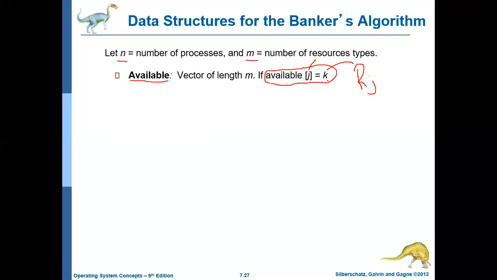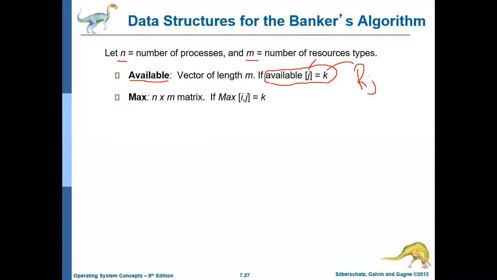That's what available of j equal to k means. So this is the first data structure. Available is the first data structure, which is a vector.